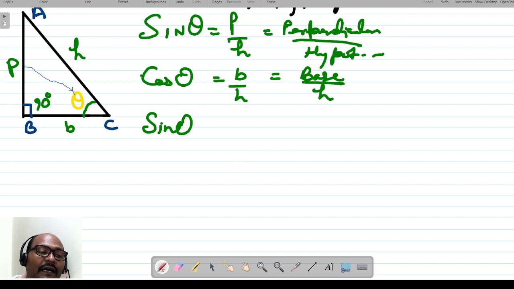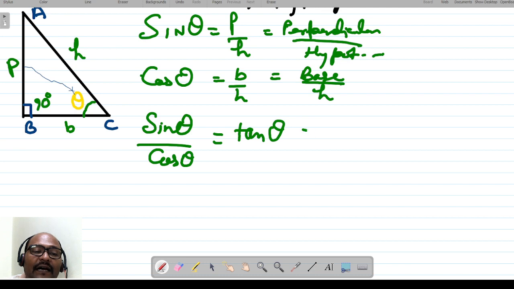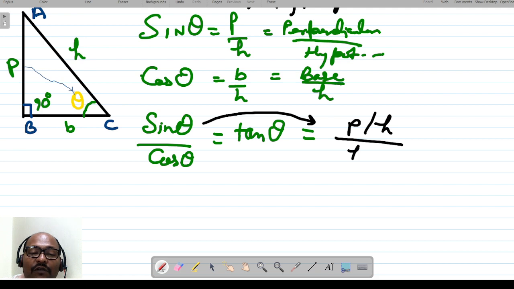And one more identity is sine theta divided by cos theta, where we get a new term, tangent, that is tan theta. And this tan theta will be equal to what? We have mentioned sine theta is P by H, and cos theta is equal to B by H. So we write the two fractions as numerator and denominator.